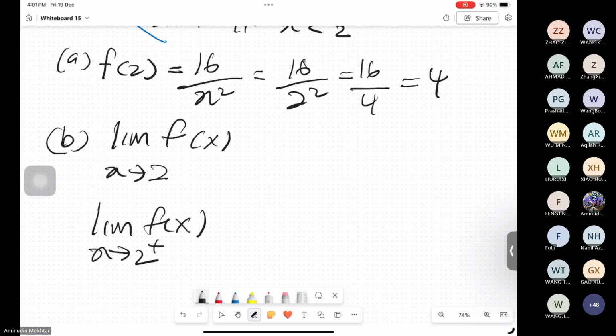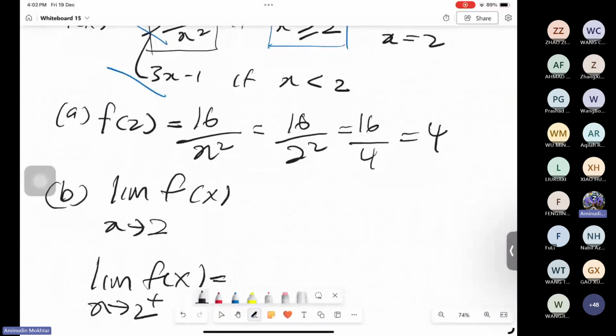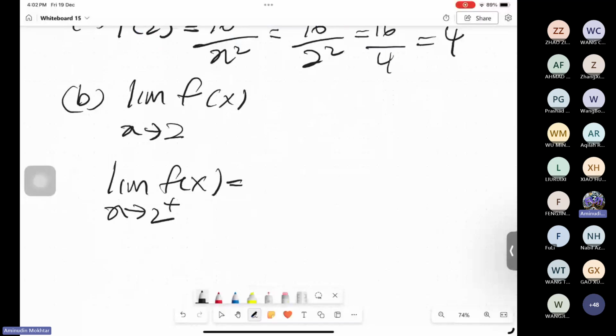Based on the limit property, we can just substitute x equal to 2 into f(x).